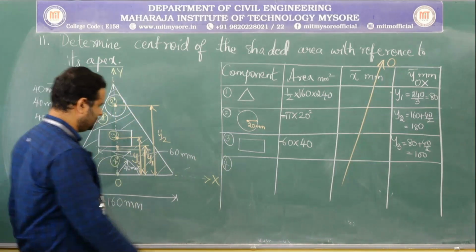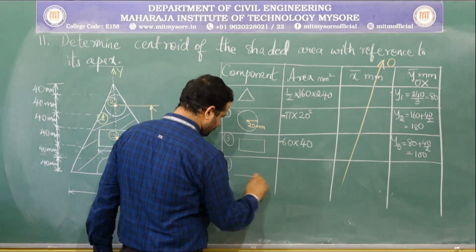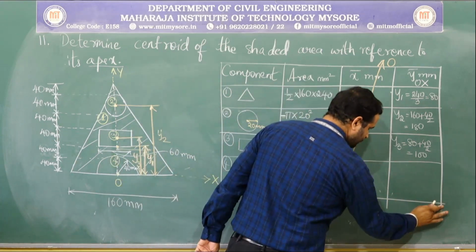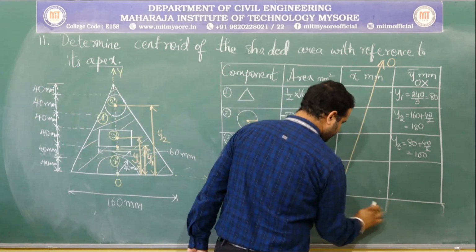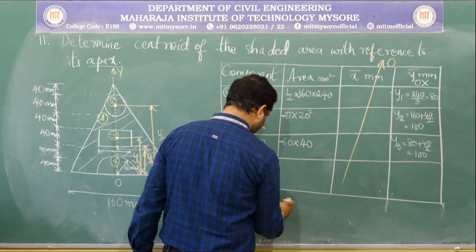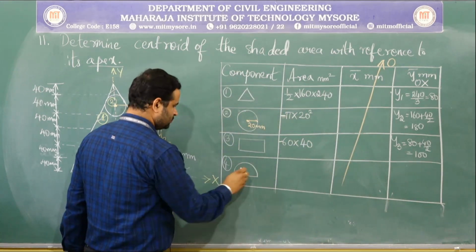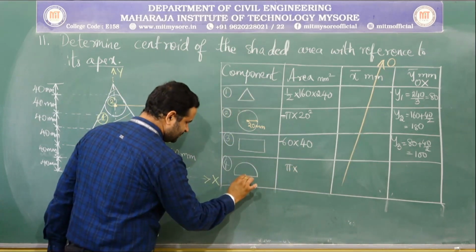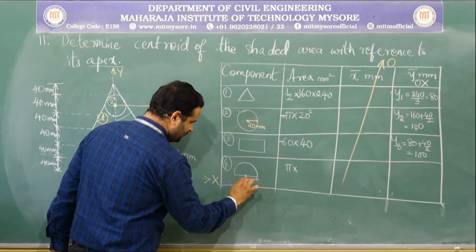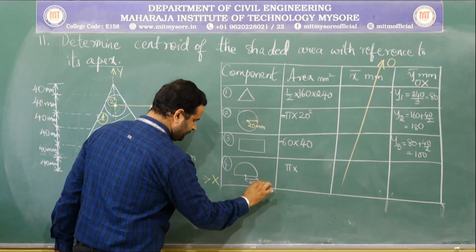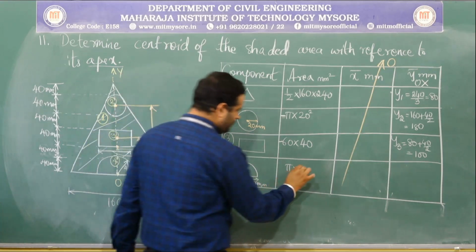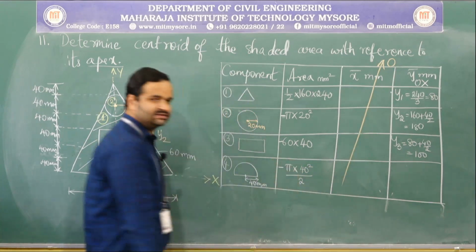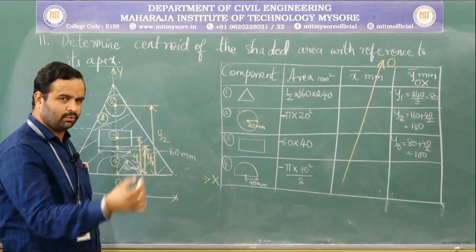Component 4 is a semicircle. So, semicircle area is pi into, what is the radius of this semicircle? It is given as 40 mm. So, pi into 40 square by 2 with a minus sign, because it is to be removed.